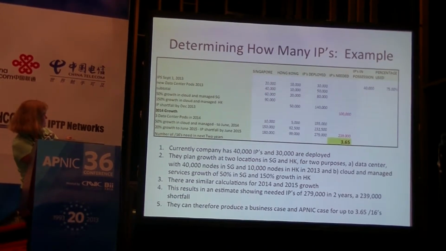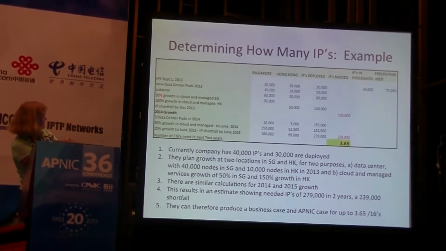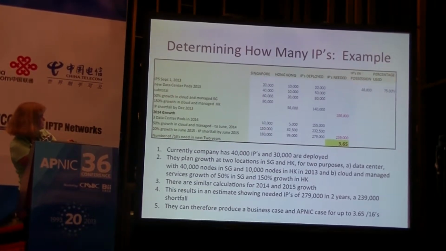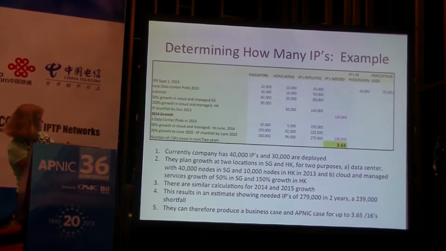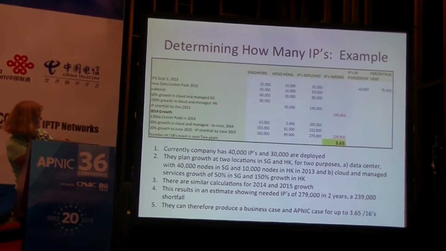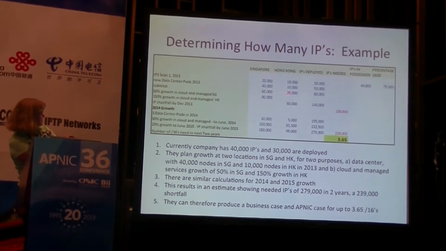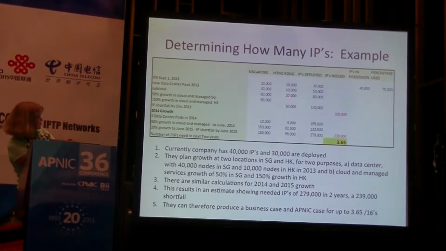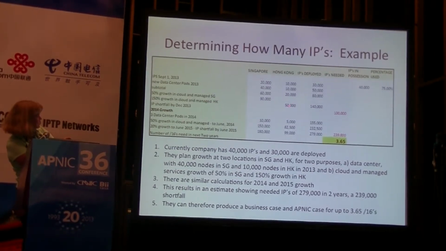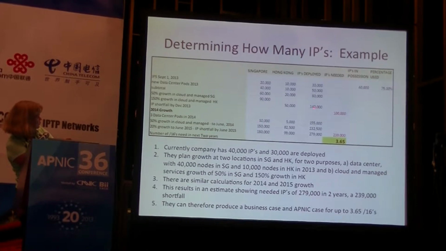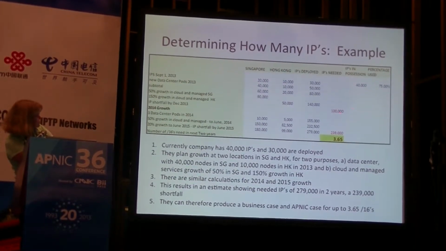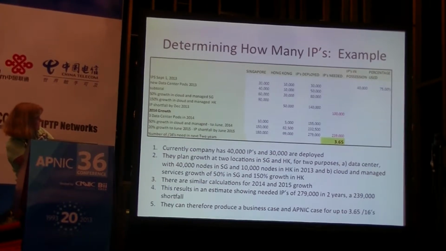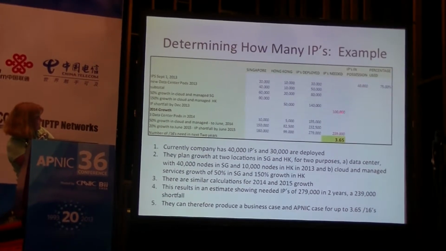And then for managed services and cloud, they need an extra 50% on top of that. So 50% of 60 is another 30, takes them to 90, and 150% growth in Hong Kong. So 150% of 20,000 is 30,000 more, takes them to 50. 90 plus 50 is 140,000. So you can see how I've done these calculations, and that takes them to a shortfall of 100,000. 140 minus 40 is 100.